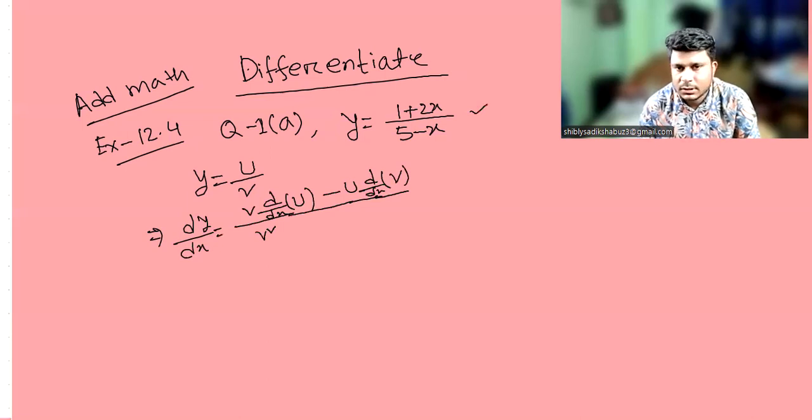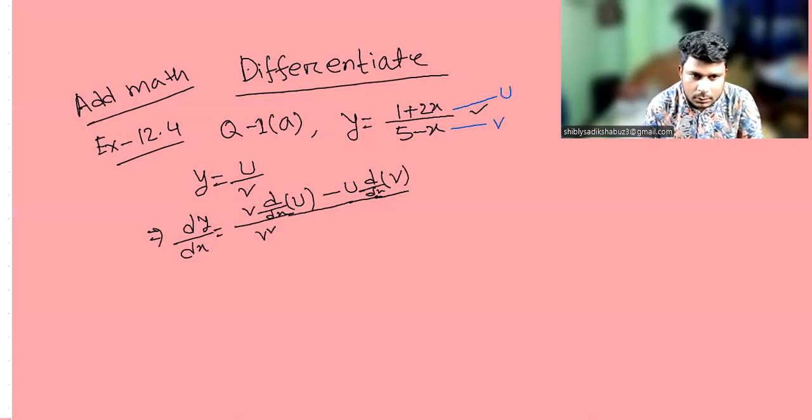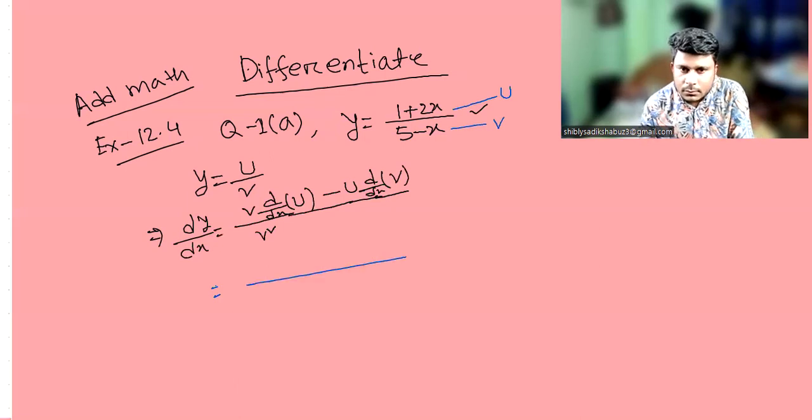So we can imagine that this part is v and this part is u. Okay. So we can write here v square. V square means (5 minus x) square.